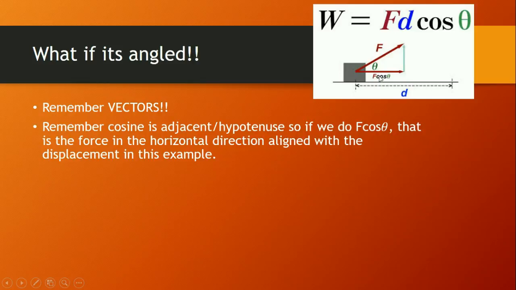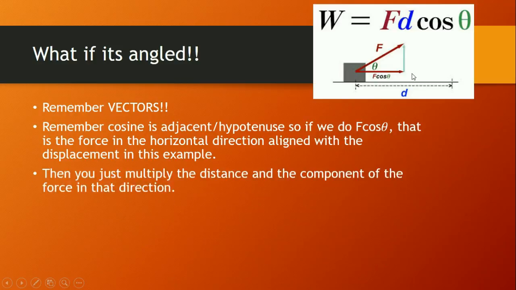But basically, the force in the x direction will equal F cosine theta when theta is measured with the ground. So when it's measured with the ground, F cosine theta will always give you this x component force. And then you just multiply F cosine theta with the distance, and basically you get our formula: work equals F d cosine theta.